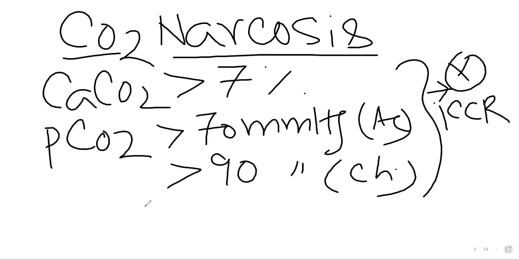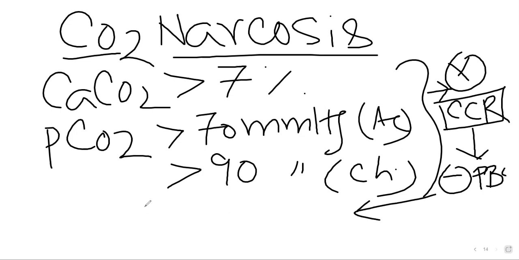The central chemoreceptor becomes insensitive, so it cannot stimulate the pre-Botzinger complex, and cessation of respiration will occur. So the RAM generator is decreased, and this is known as CO2 narcosis.